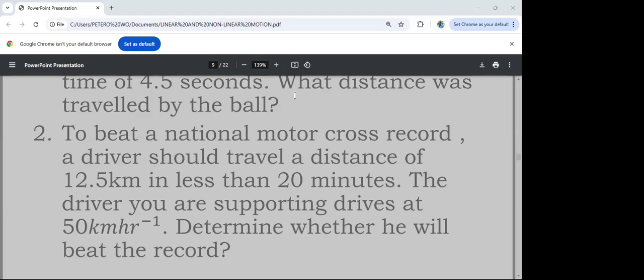Okay, that is what we have. A driver has to beat a national motocross record, and they are telling us that to beat the record, he must drive 12.5 kilometers in less than 20 minutes. But he's driving at a speed of 50 kilometers per hour. So they're asking us if he will beat the record.